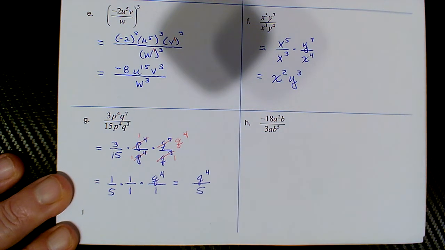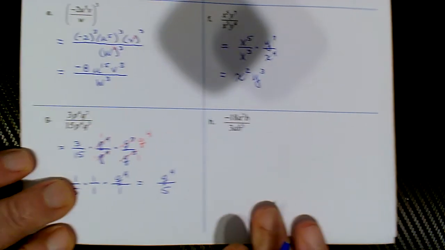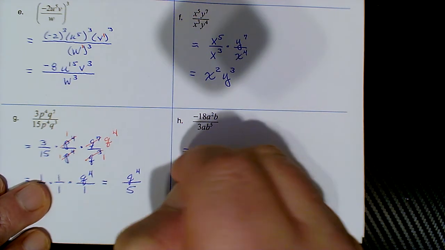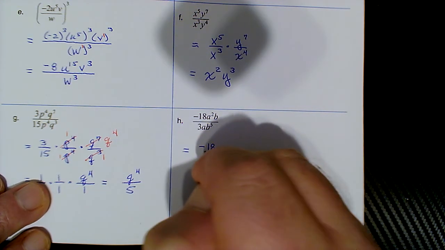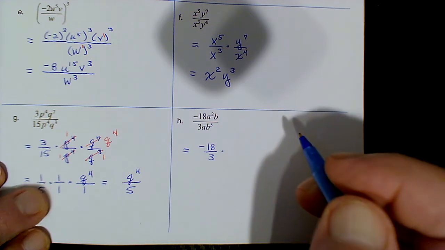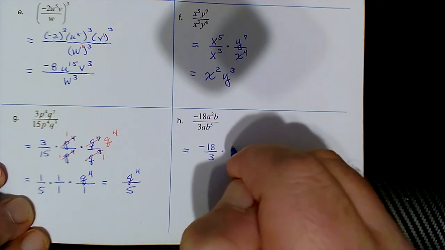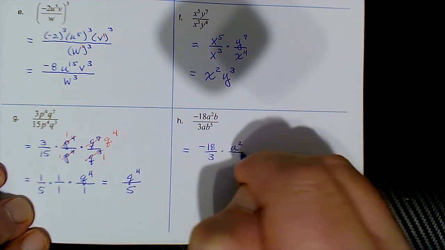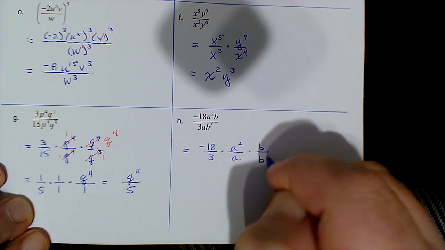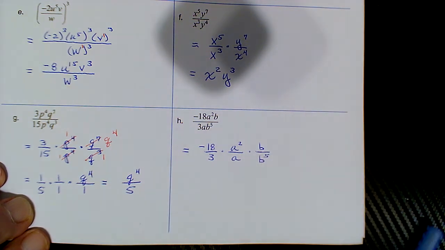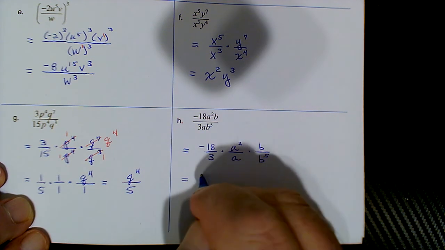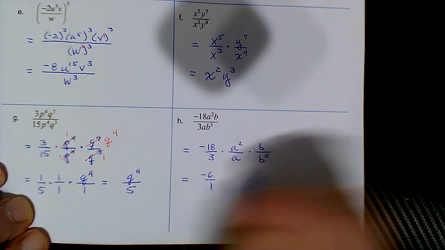Now, that cancellation technique's very convenient, because when you have a situation like this, let me first recopy. So we can separate the coefficients. I'm going to separate the common factors of a squared over a, and then b over b to the 5th. Okay, when we reduce 3 over negative 18 over 3, we get negative 6 over 1, or you could just simply say negative 6.